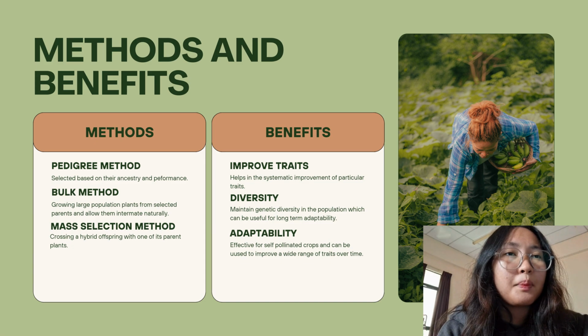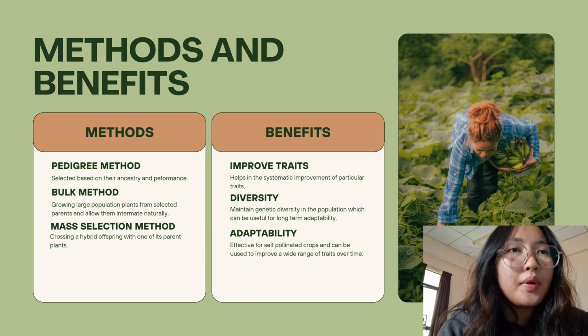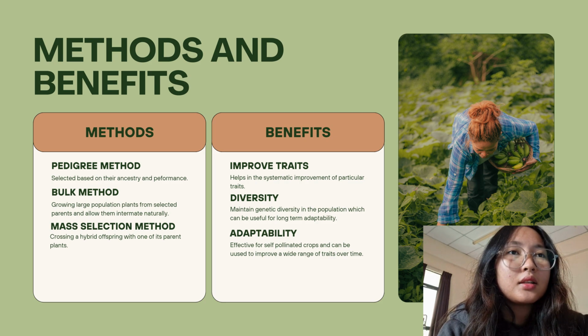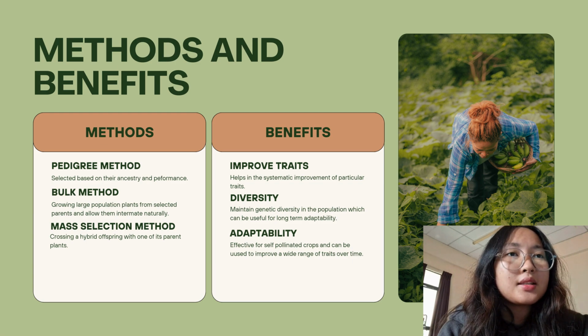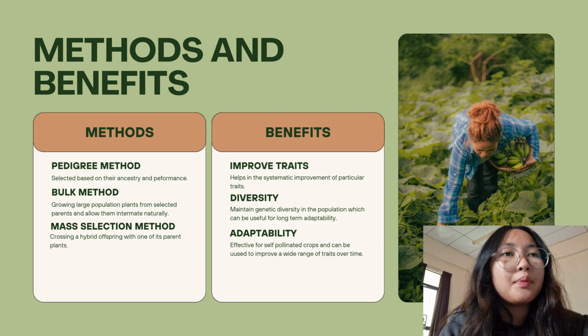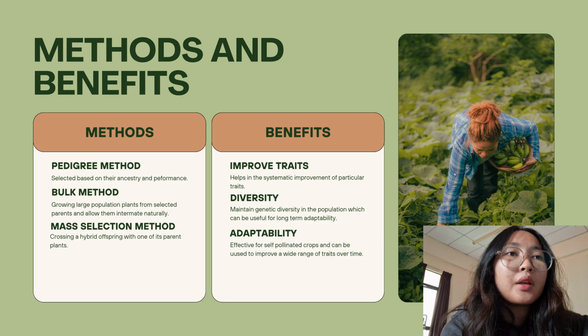Next, the bulk method, which grows a large population of plants from selected parents and allows them to intermate naturally. Lastly, the mass selection method, which crosses a hybrid offspring with one of its parent plants.